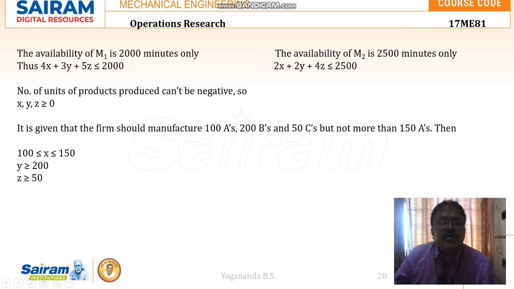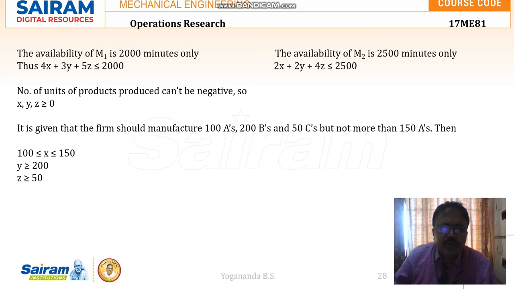The number of units of products produced cannot be negative. If we don't produce any of these products, X, Y and Z may take the value 0. So X, Y, Z should be greater than or equal to 0.